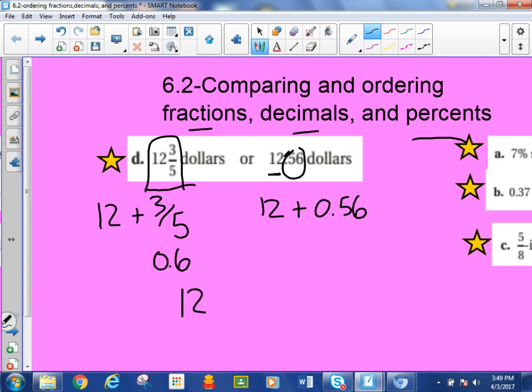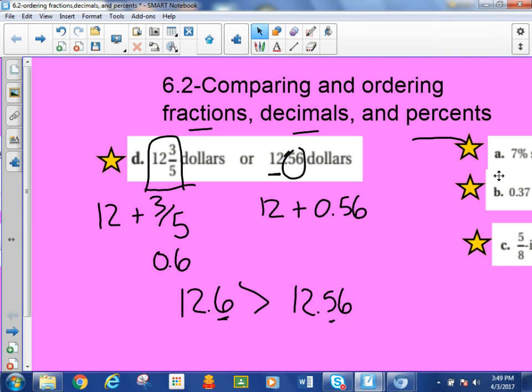So I'm comparing 12.6, right, because I added them together, and 12.56. So I look at my decimal, 12.6, or 12 3/5 of a dollar is greater than 12.56. So hopefully that helps you to be able to compare and order decimals and percents.